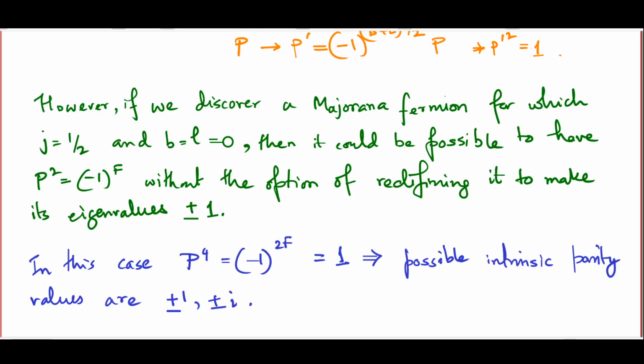The last pair, plus or minus i, would actually be intrinsic parities for the Majorana fermions. So this is a hypothetical scenario which we would have to adopt if Majorana fermions were discovered. However, as far as we know today, Majorana fermions are theoretically possible but not experimentally observed among elementary particles. Therefore, we would still be able to live with a parity operator whose eigenvalues are only plus or minus 1.